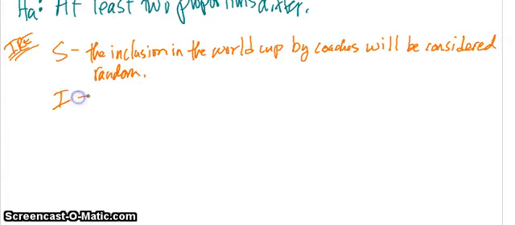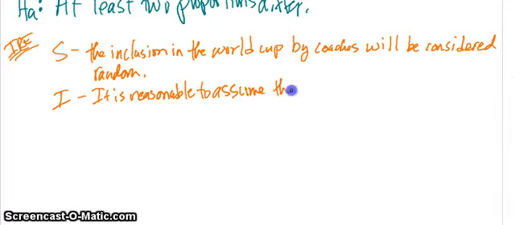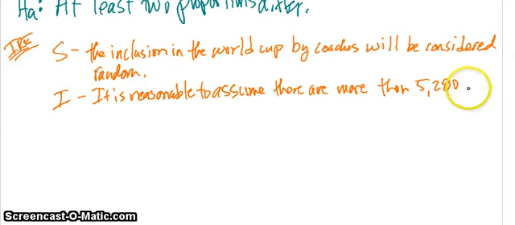We're going to consider the inclusion in the World Cup of players to be random, as not all world-class players are able to play in the World Cup, depending on whether their country is included or not. For independence, it is reasonable to assume there are more than 5,280 pro soccer players.